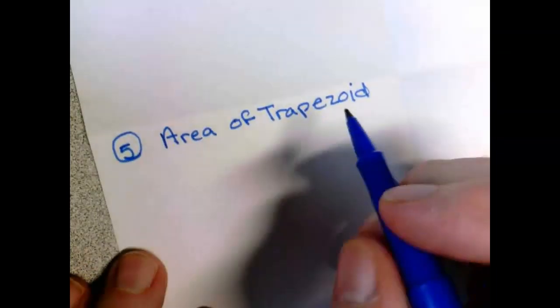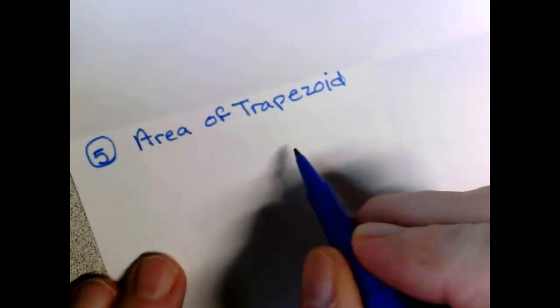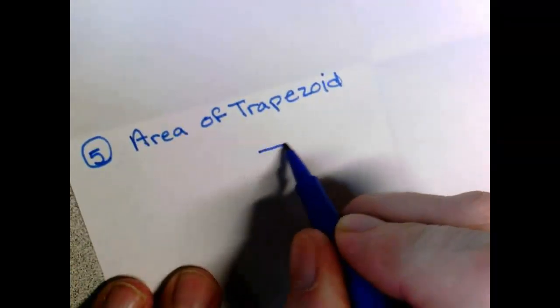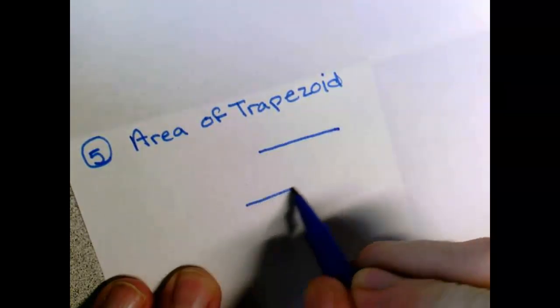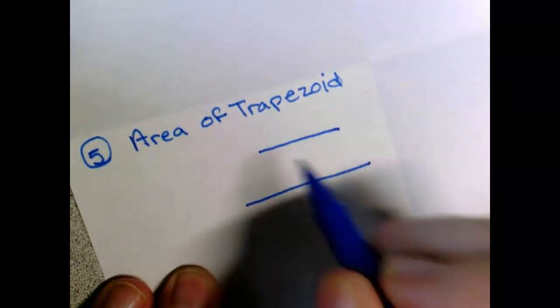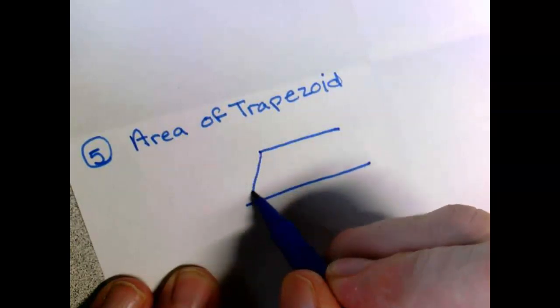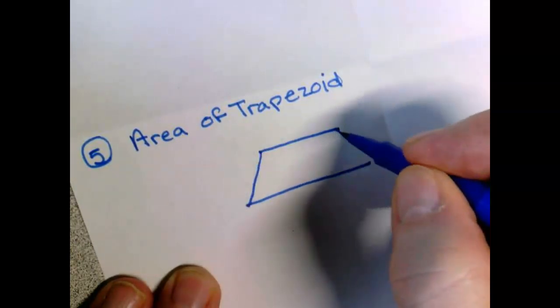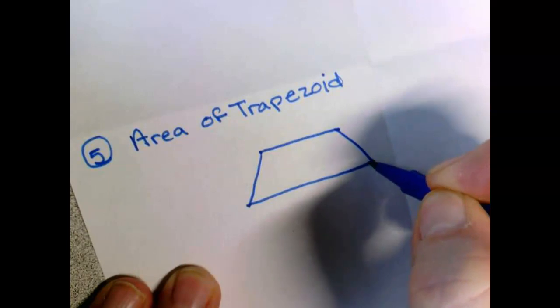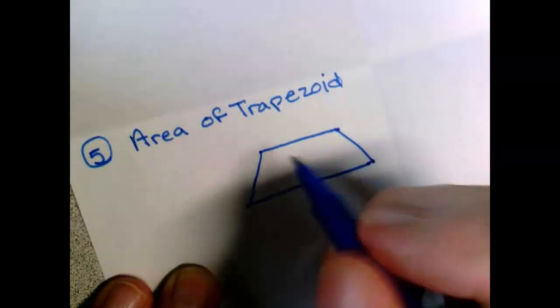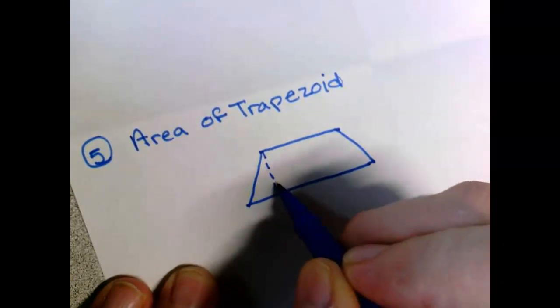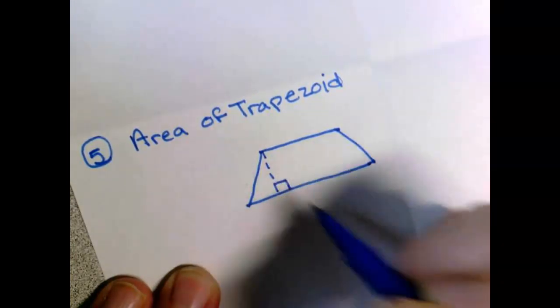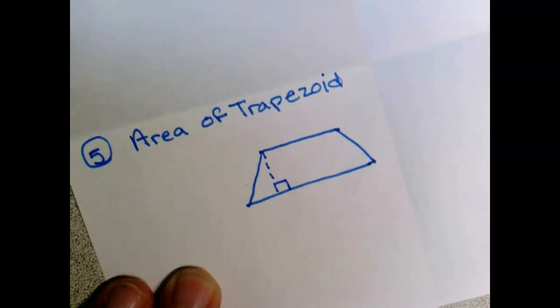Okay, so I want you to draw a picture of a trapezoid. We're going to use a short and a long base, and then we're going to put these diagonal lines right next to it. Now remember, we got to figure out what the height is. And the height is a perpendicular line from one base to the other.